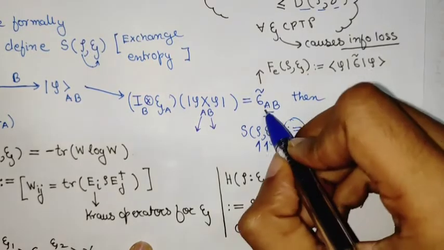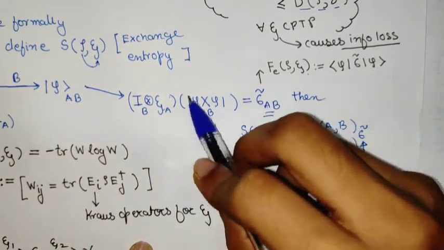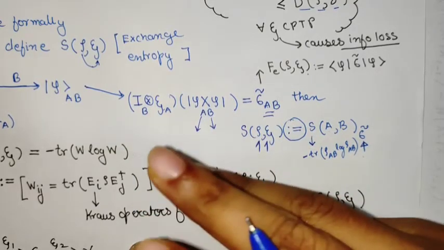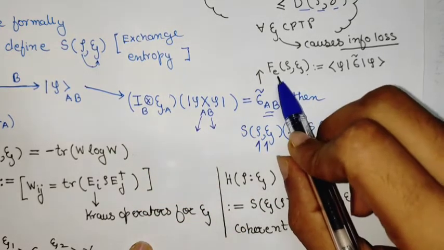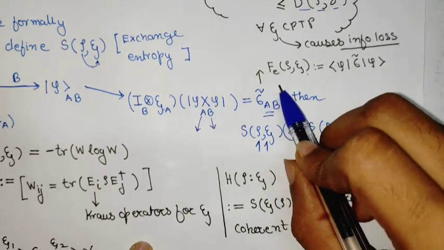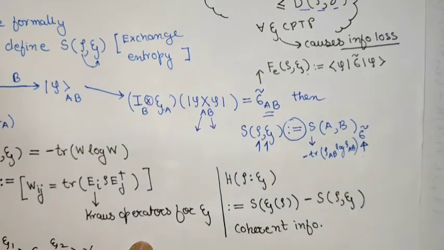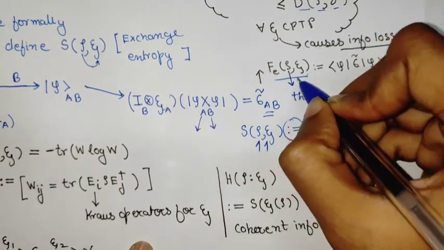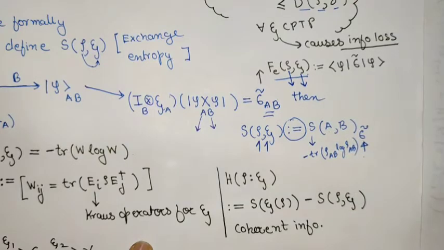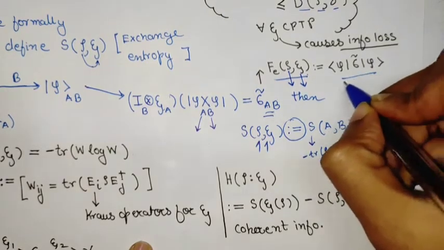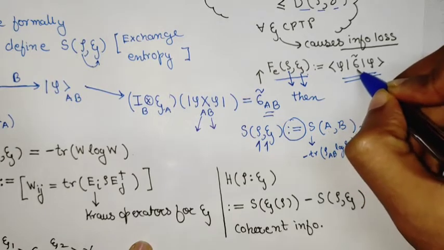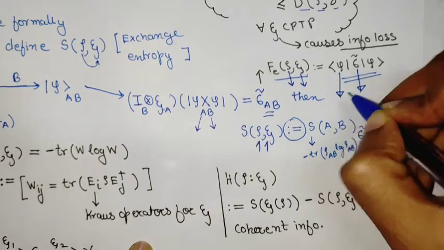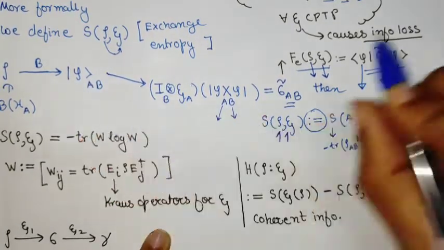Also, the state that we obtain from this local evolution of the purification has some nice property that helps in defining something called entanglement fidelity. Entanglement fidelity between a state rho and an operation, a CPTP map, is defined in this particular way, taking the inner product between the local evolution of the purification and the original purification. Psi was the original purification.